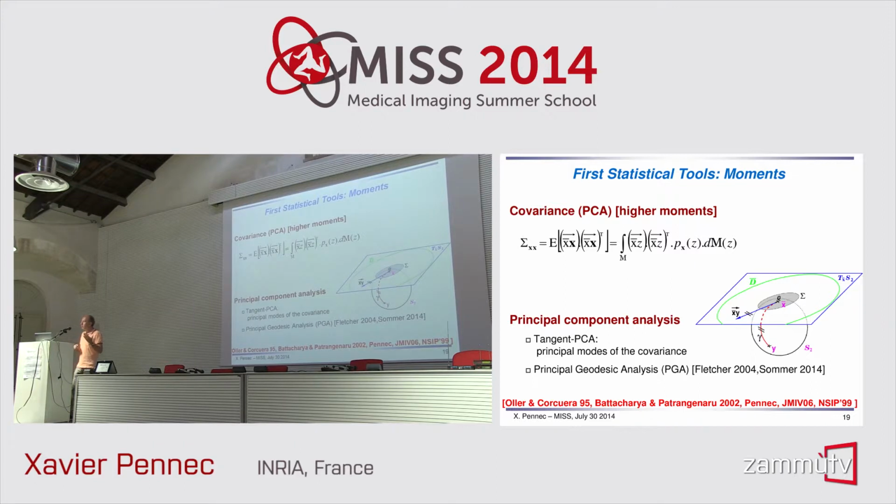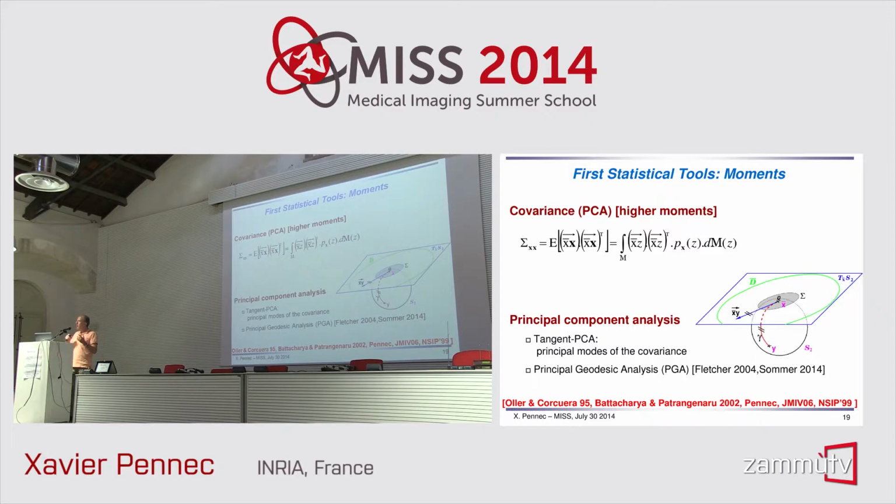The other thing that can be done is to try to see what is the subspace. I mean, when we want to decrease the dimensionality, so we can select what are the best eigenmodes of the covariance matrix, that's tangent PCA. We can also try to see what's the subspace which is generated by the geodesic starting at the mean point with a given number of vectors, and that's PGA, principal geodesic analysis.